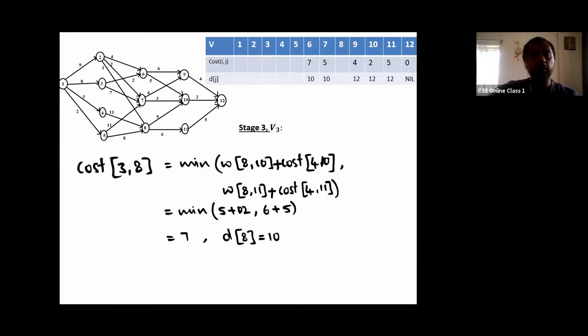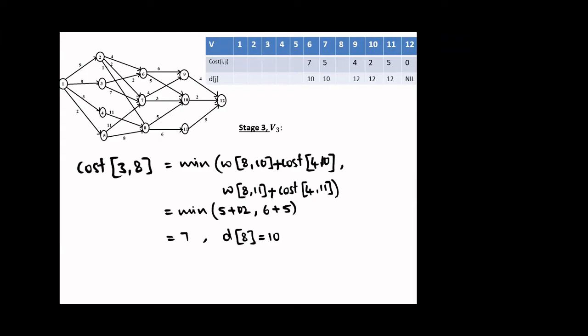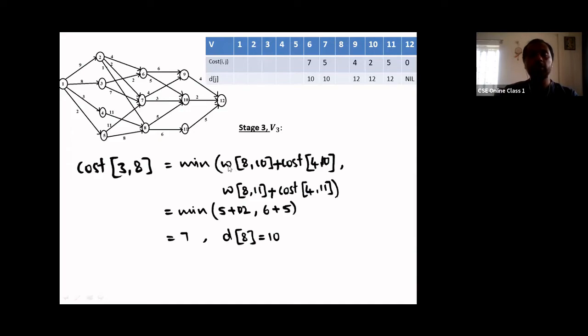Fine. So similarly, for vertex 8 in stage 3. Vertex 8 has two outgoing edges, to vertex 10 of the next stage and vertex 11. So the connecting cost, that is weight of 8 to 10 plus shortest path from vertex 10 to sink. Same way, weight of 8 to 11 plus shortest path, that is cost of stage 4 vertex 11 to sink.